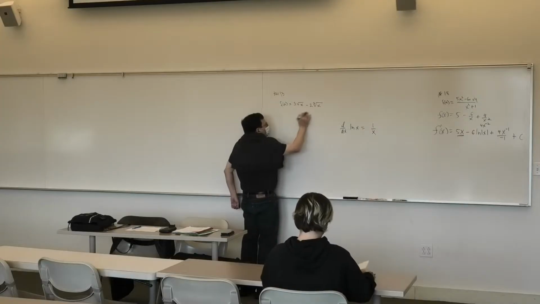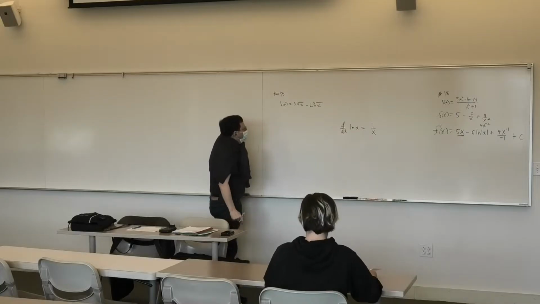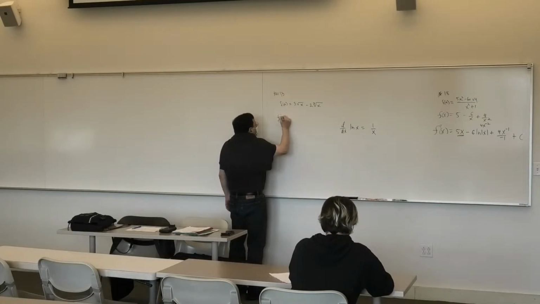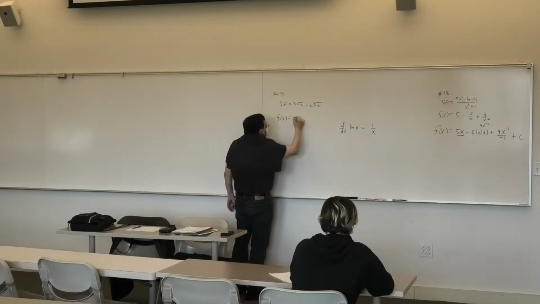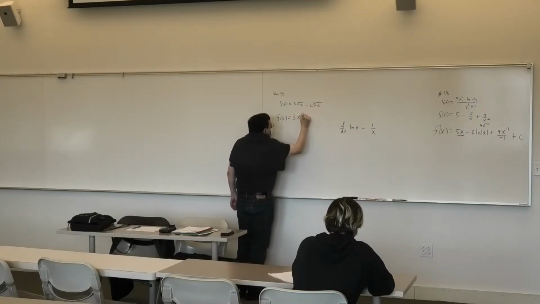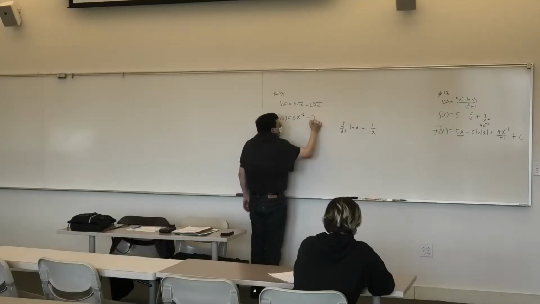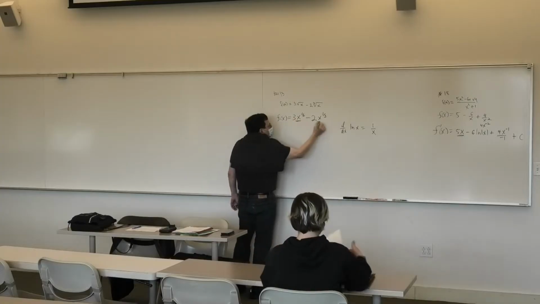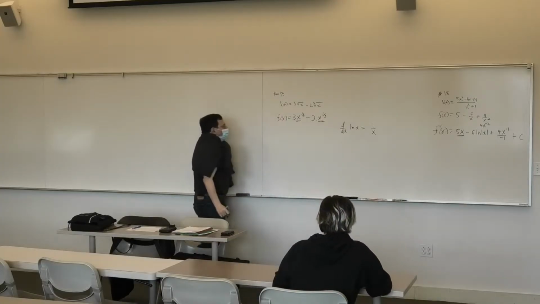This problem, it's kind of the same strategy. I'm going to rewrite it in a certain way. It's going to make it more doable. And here again, we can use the reverse power rule.